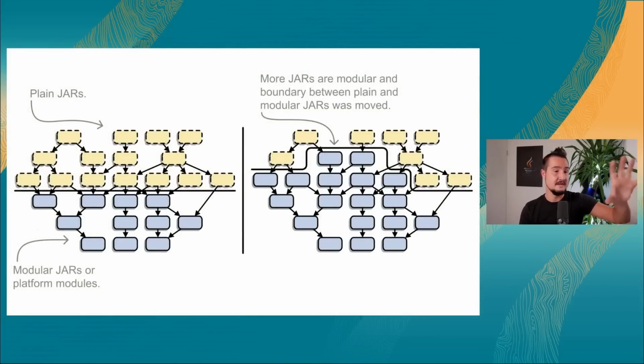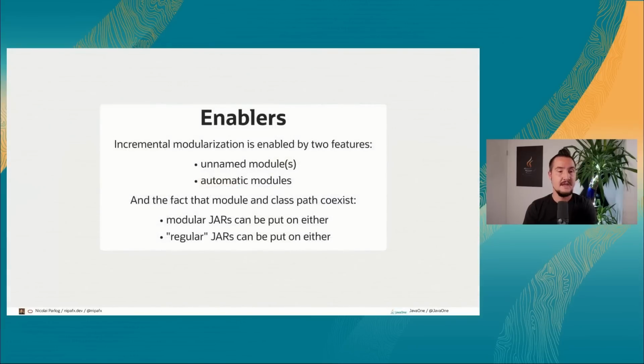On the left, you can see a drawing where below the line you have all these blue modules, and above you have these yellow boxes which represent regular jars. And then incremental modularization means moving the boundary between them and not having everything as a module at once, but getting there slowly. And there are two big technologies here at play, two big enablers of these features. That's unnamed modules, or unnamed module. We're going to stick with the singular.